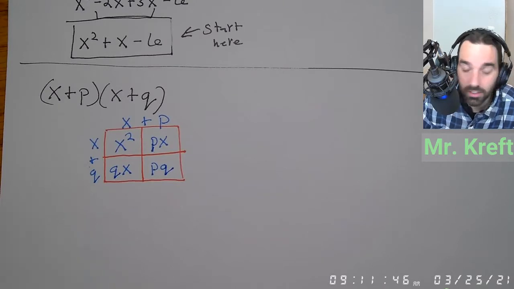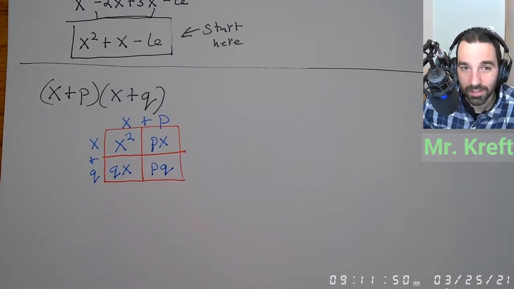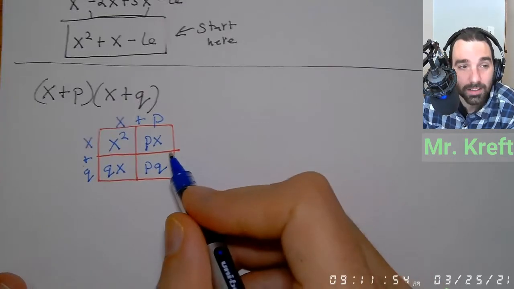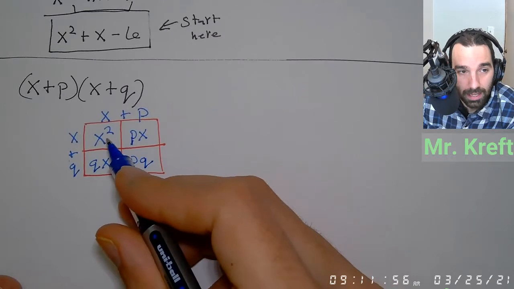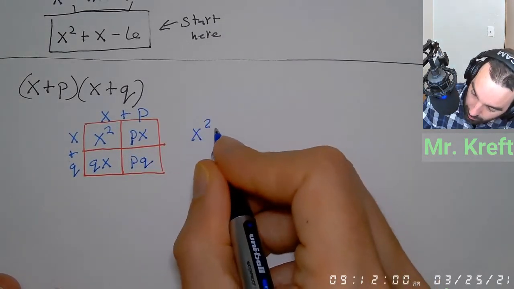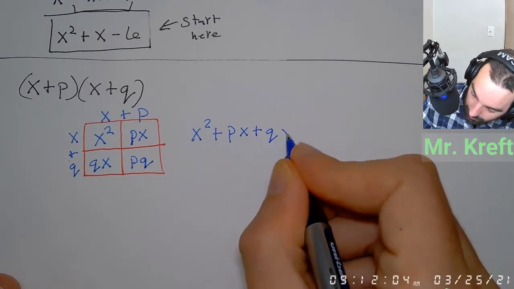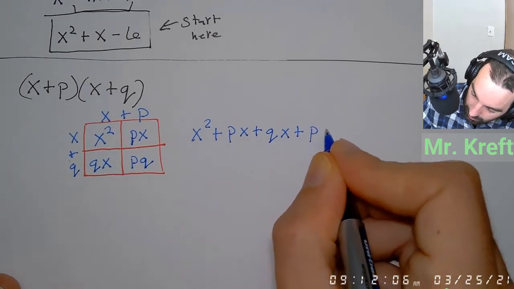Now, I agree, this looks kind of funky without numbers, right? But hold on, this next part is what's going to bring everything together. So if I write these out, I'm going to add these together. I have x squared plus px plus qx plus pq.